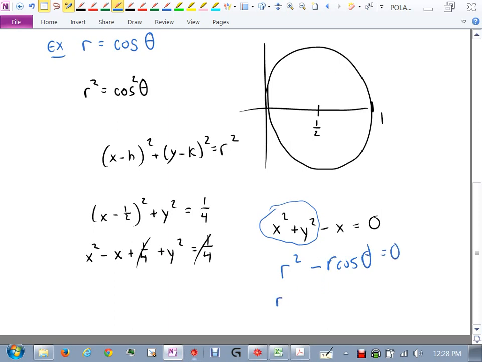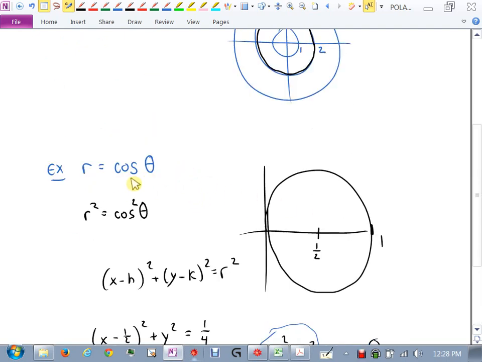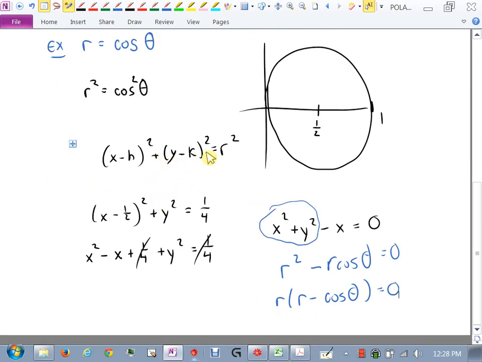Factor out an r, and you get two possible equations: r is 0, and r is cosine theta. What was the polar equation of this? r is cosine theta. What I'm showing you is how you can convert a Cartesian circle into a polar equation. So that's what my Cal 3 class has to do. I just draw the picture and let them do all the math behind it.